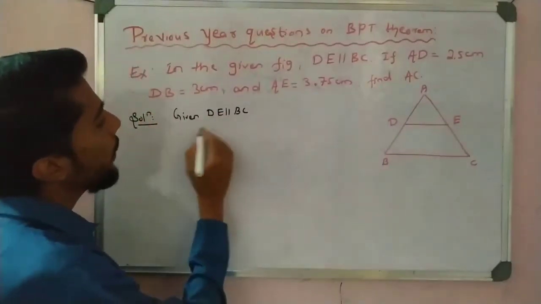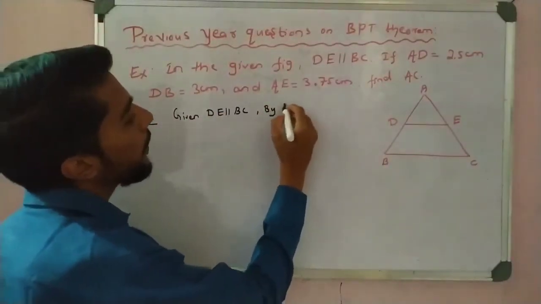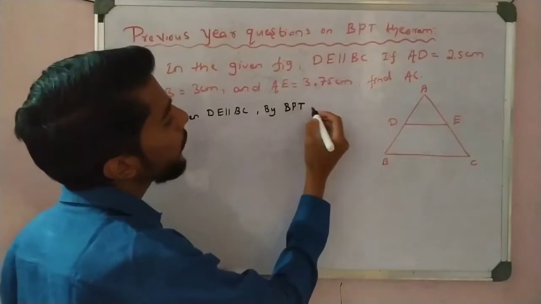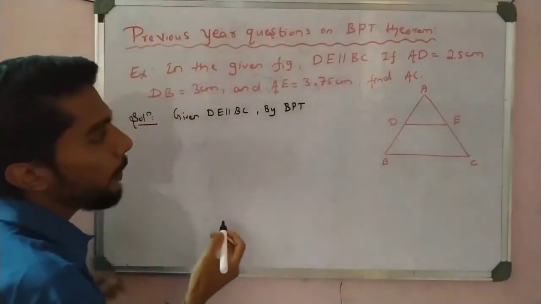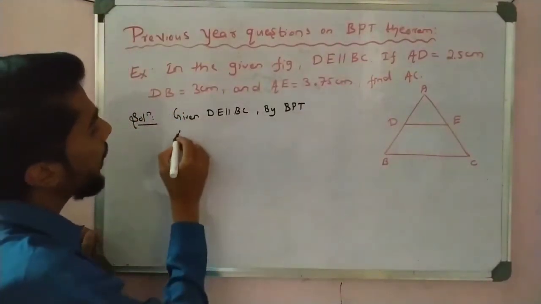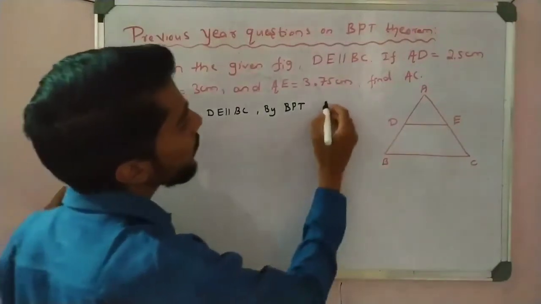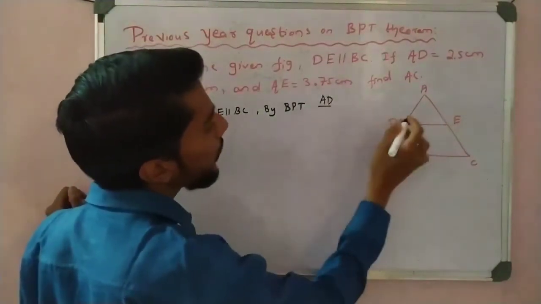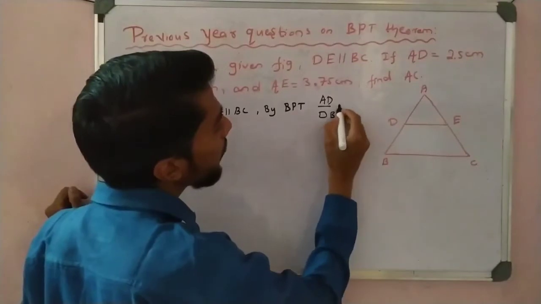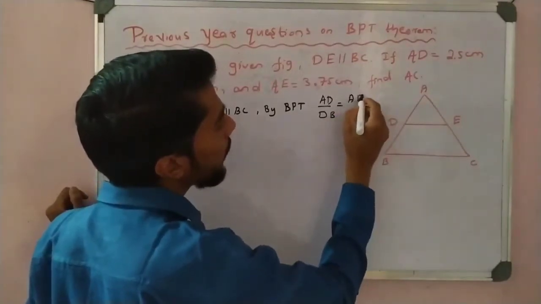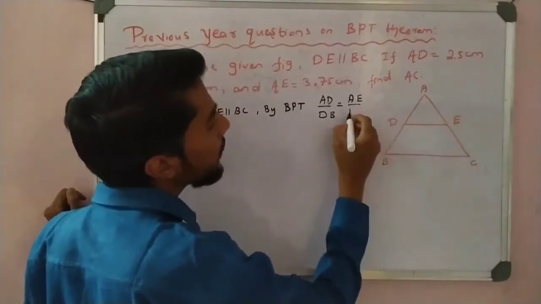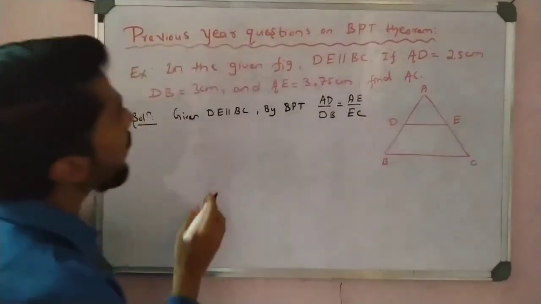So we write, by the BPT theorem, basic proportionality theorem, AD by DB is equal to AE by EC. The values are given.